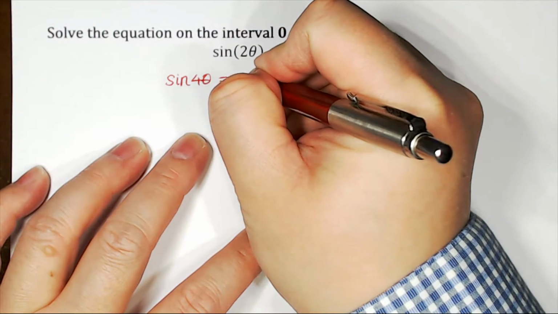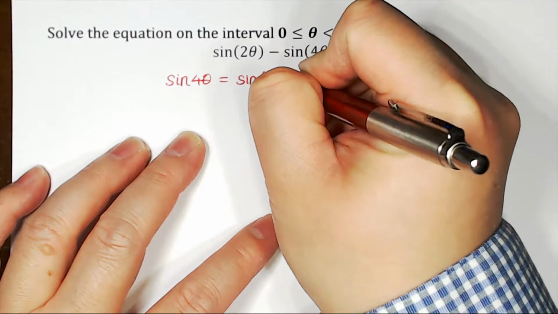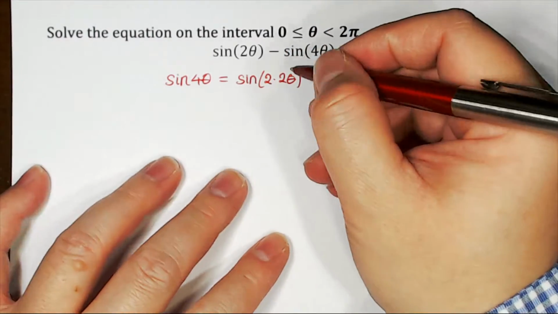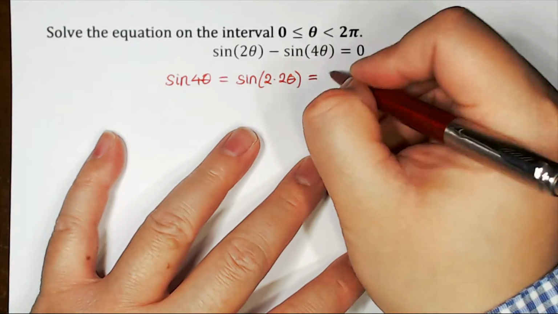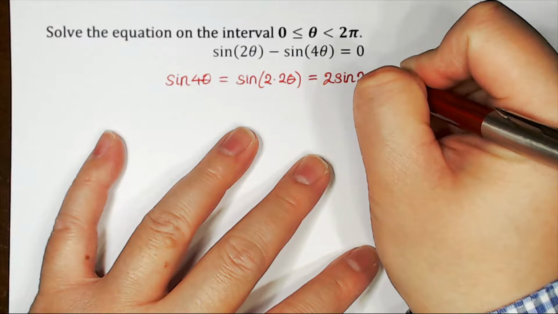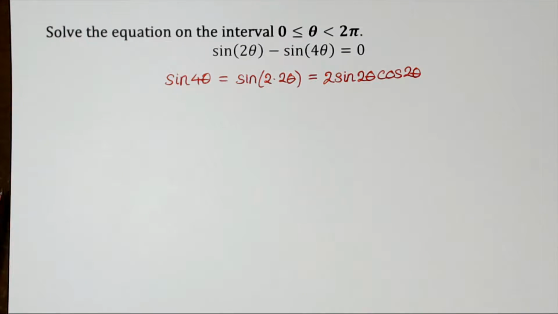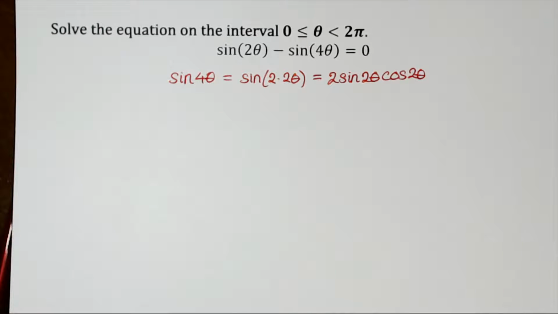Sine of 4 theta, we can write as sine of 2 times 2 theta. And the double angle formula gives us 2 sine 2 theta cosine of 2 theta. That's the only formula we have.